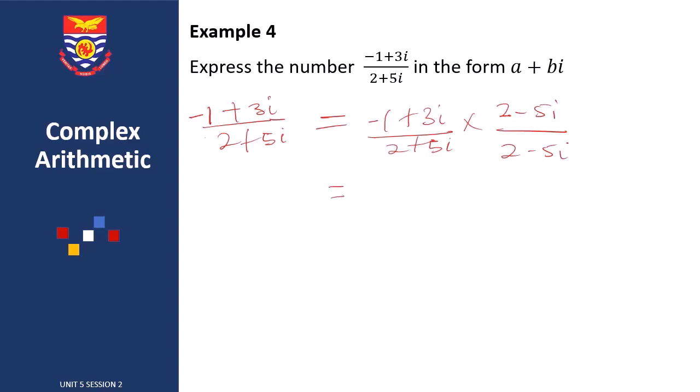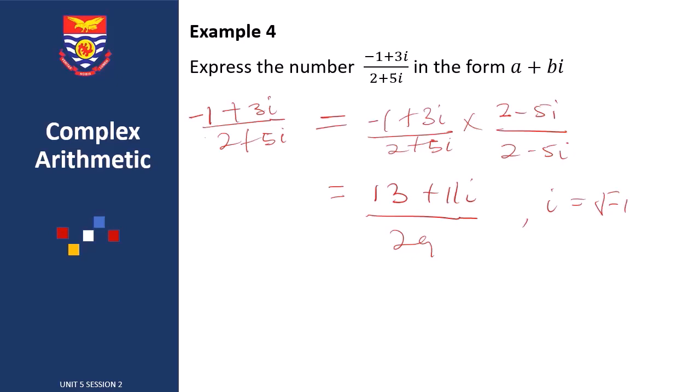Now you simplify this. What do I get? You get 13 plus 11i, divided by 29. Don't forget that i is the square root of -1, so -1 equals i squared. It is very necessary.